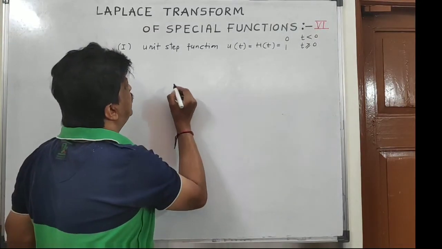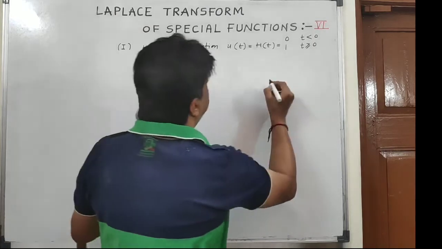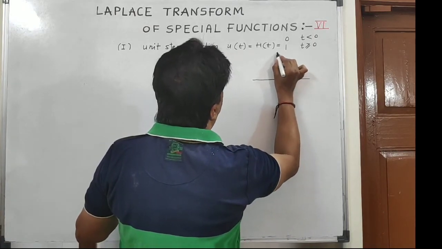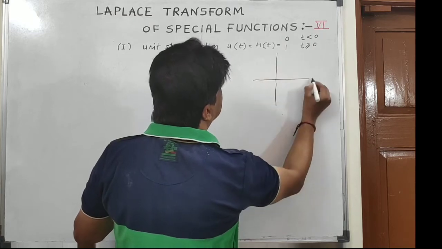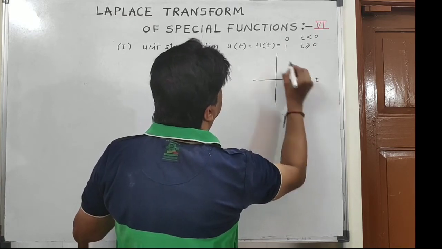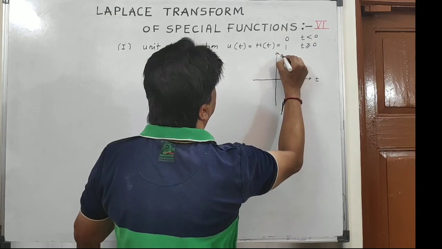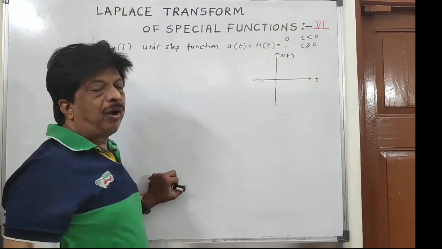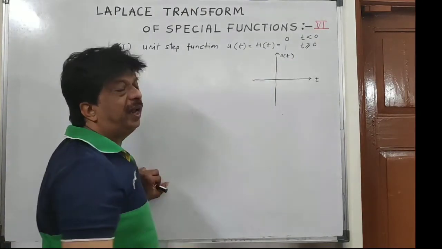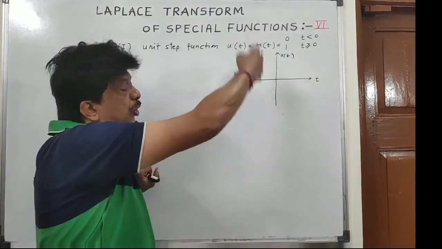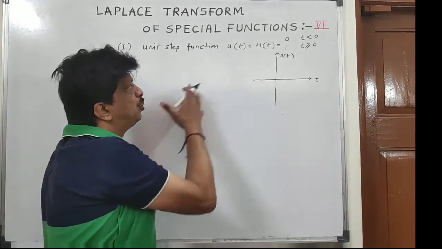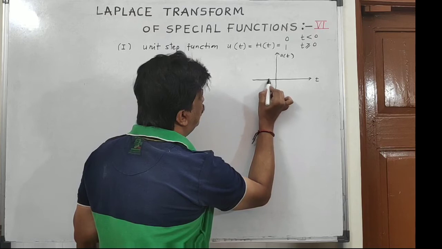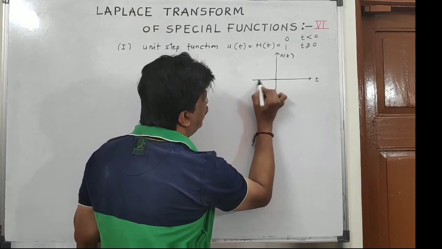If this is the t-axis and this is the u of t or h of t axis. For negative t, on the left of the u of t axis, for all those values it is 0. So for all those t's it is 0 up to 0.